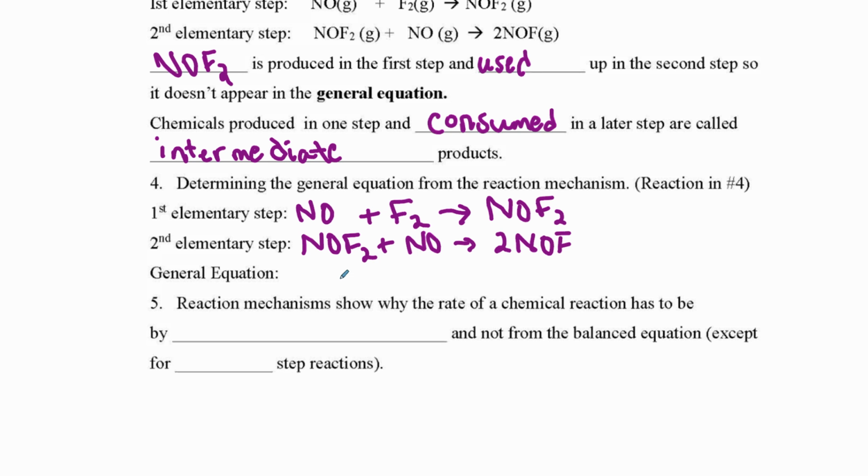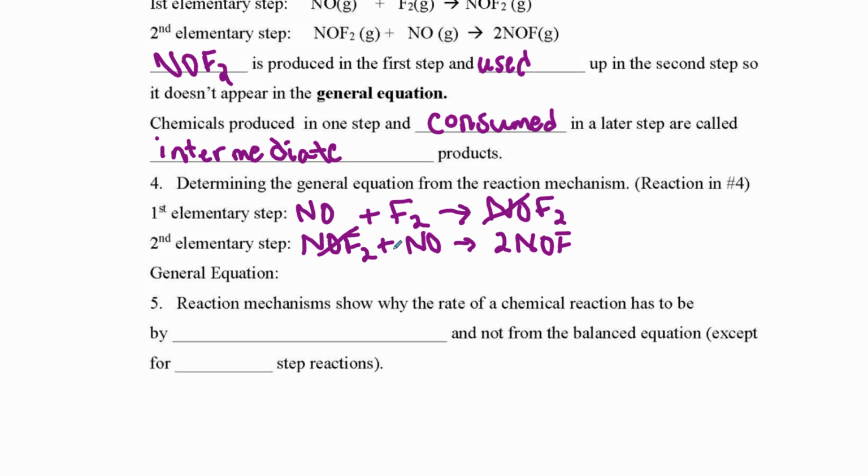To get to your final general equation or net equation, you need to cancel your intermediates and also sometimes catalysts, which will appear in a later example. So this is an intermediate, and we know that because it appears as a product. So it's on the product side, and then it's on the reactant side. So whenever you see something appearing on a product side and then in a later step a reactant side or vice versa, you can cancel that out because it's been produced but now consumed.